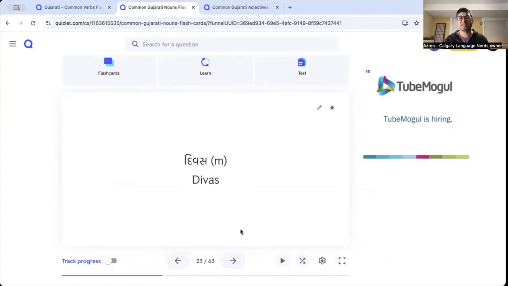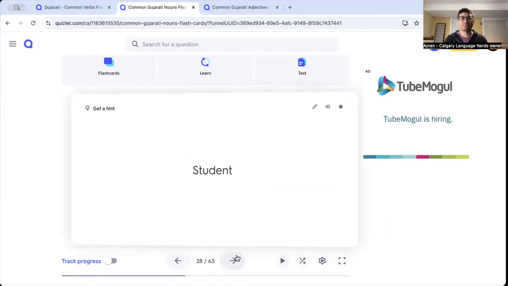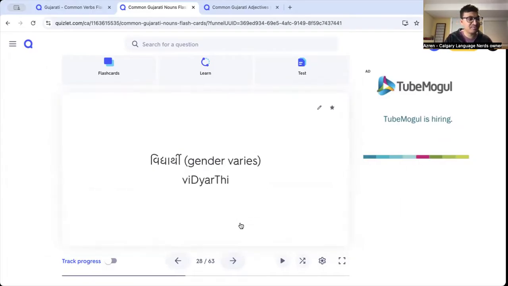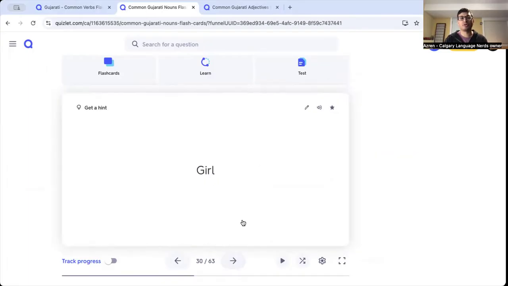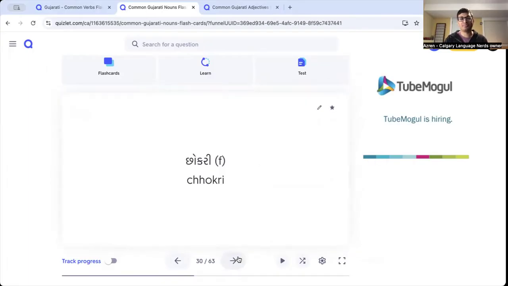day, divas, night, rat, work, kam, school, shara, teacher, shikshak, student, vidyarthi, boy, chokro, girl, chokri, city, sher.